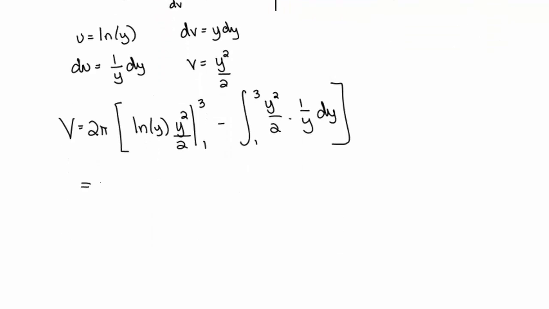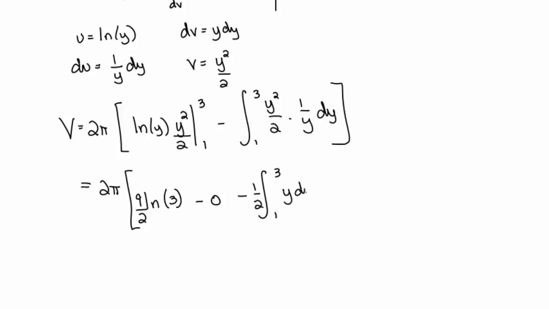This is going to equal 2 pi, natural log of 3 times 9 halves, minus the natural log of 1, which is just 0, so I don't have to worry about that. And then minus the integral from 1 to 3 of 1/2 y dy.